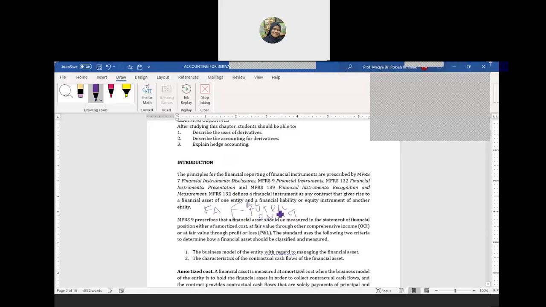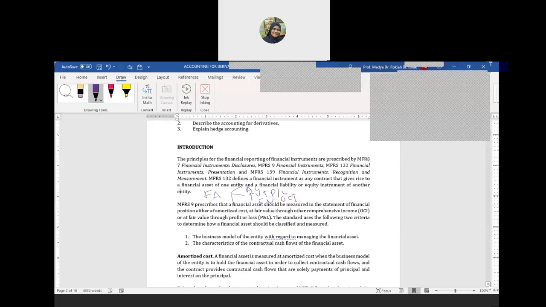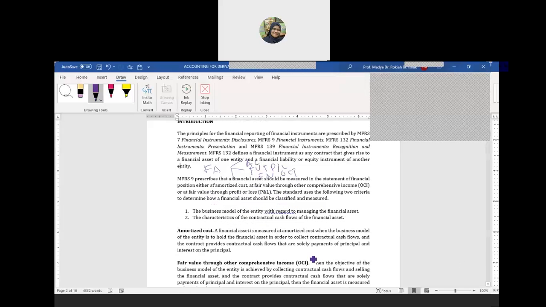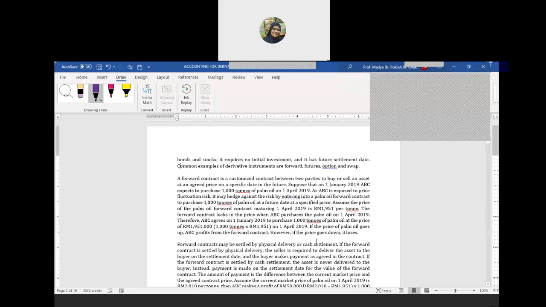So we have the three types of financial asset. Normally we use financial assets or financial liabilities as hedging items. I'm going to discuss this later, I just want you to know the types of financial assets.